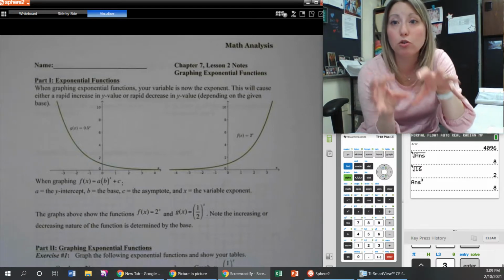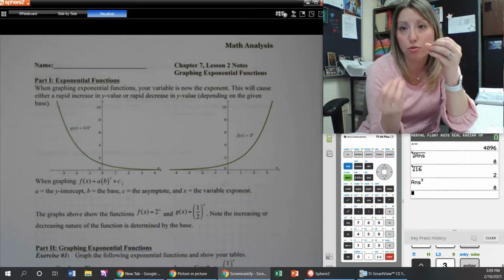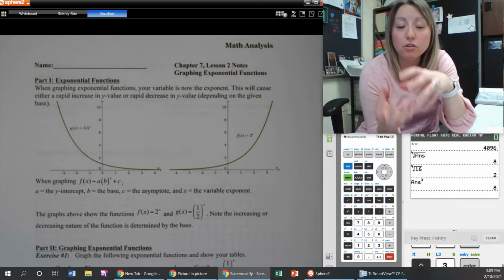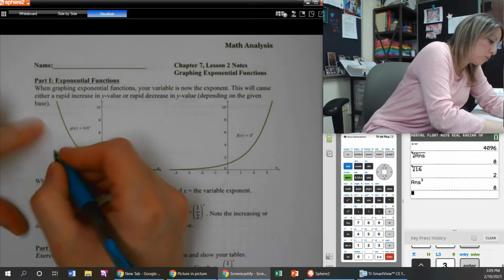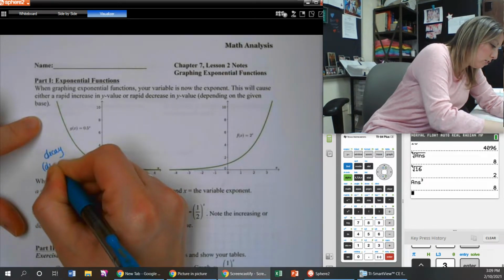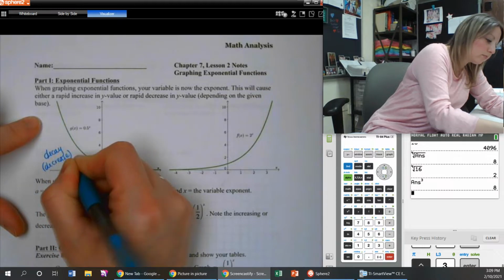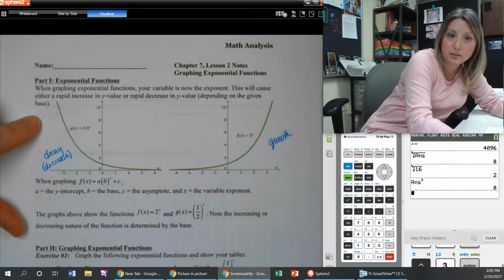Basic exponential functions either increase or decrease, growth or decay. Growth being increase, decrease being decay. As we can see, here's an exponential decay function. And again, decay, decrease, right? And here's an exponential growth function, or increase.